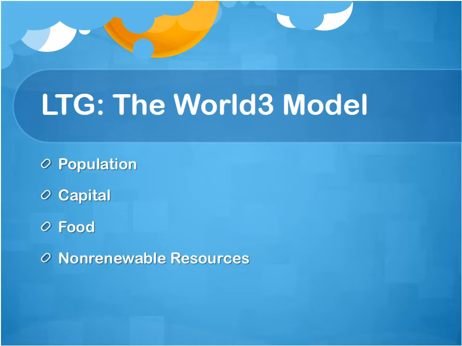sustainability. The state of non-renewable resources, okay, and how use of these resources to live and to produce capital and to generate food and to grow population is used. And then, a side effect of growth, which is pollution.